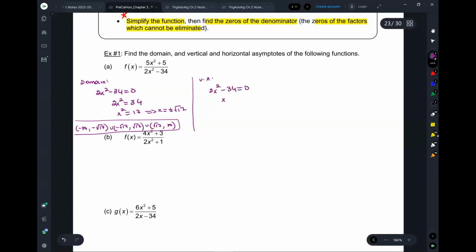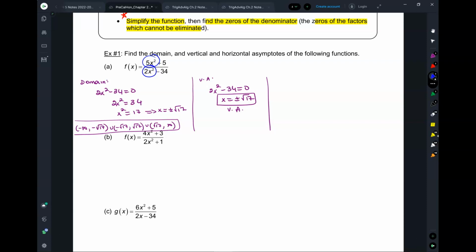We already did that. We know x is plus or minus root 17, and that's good enough for the vertical asymptote. So yeah, it's a similar process. Horizontal asymptote, take the higher degree terms.